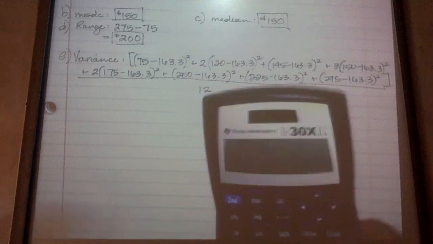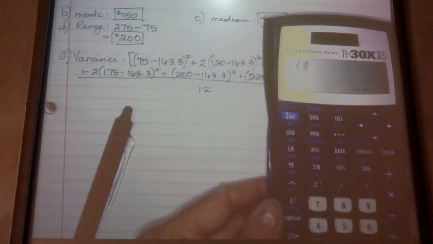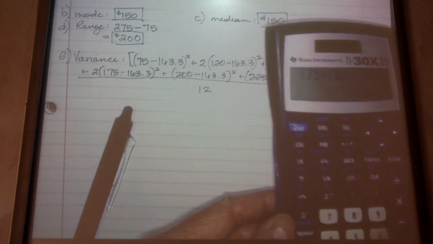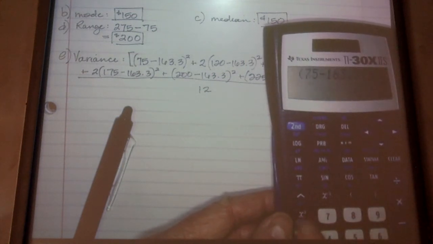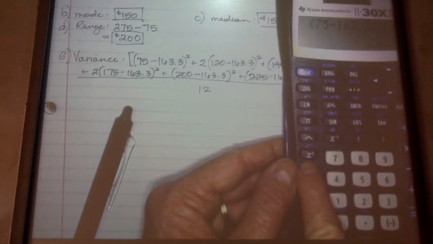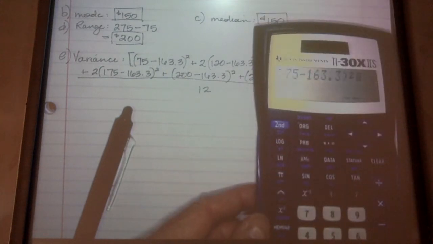So it is going to take a little time. My calculator can only handle so much at once, but I literally put it in parentheses. So here's how you'd enter one of them, and I did 75 minus 163.3 parentheses. And then you should have a squared button on your calculator, okay, or Desmos, but I'm going to hit that squared button, and there we go.